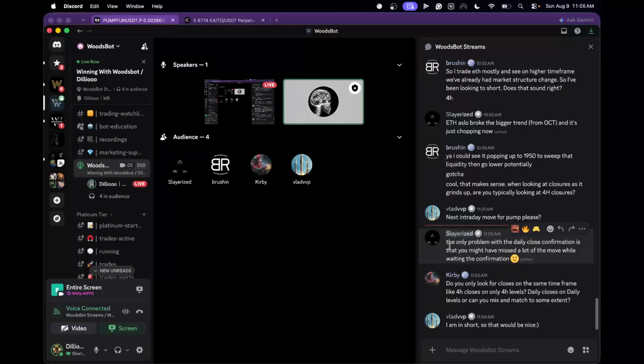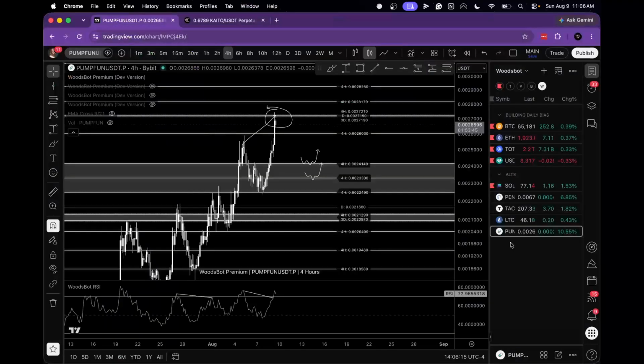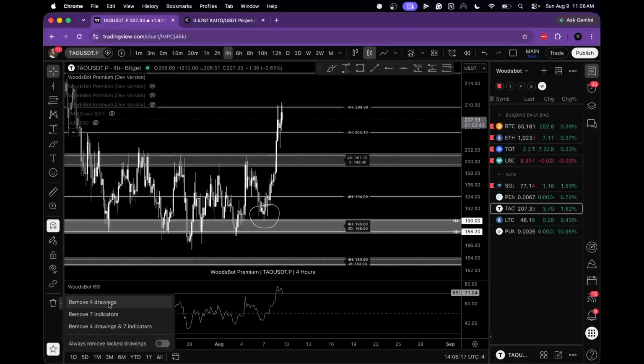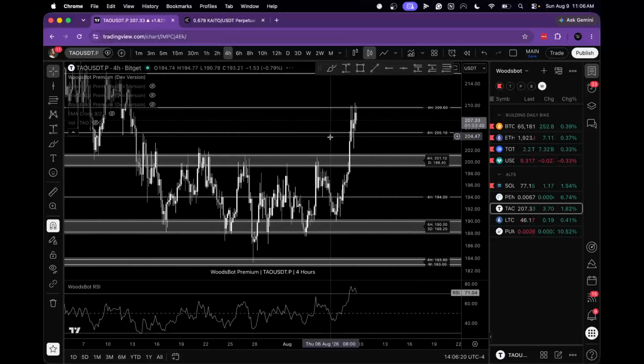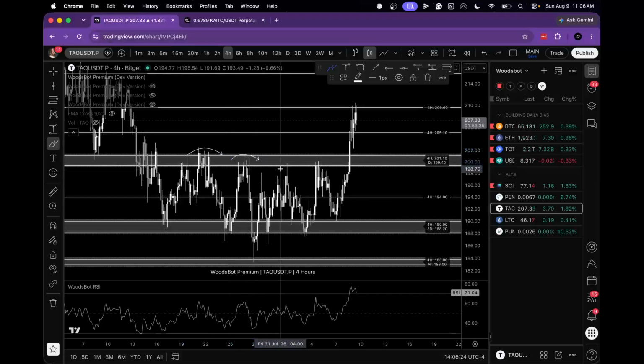Yeah, exactly. So it depends how you're trading too. If you're in a position and you get the daily close confirmations, that's fantastic. I'm not looking for a daily close above to enter a trade, but for instance, if we go to TAU, this 4 hour close above, you can see how many times we reject this range that we're in right here.